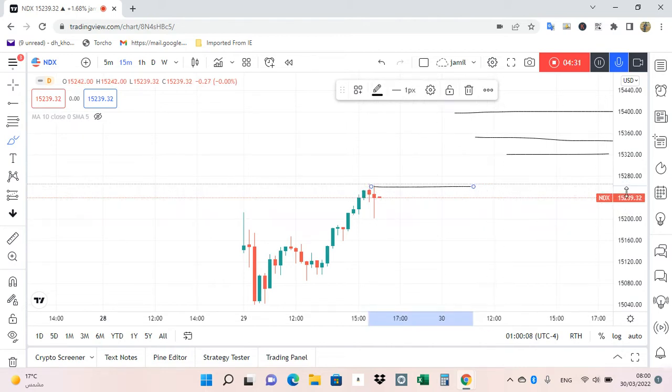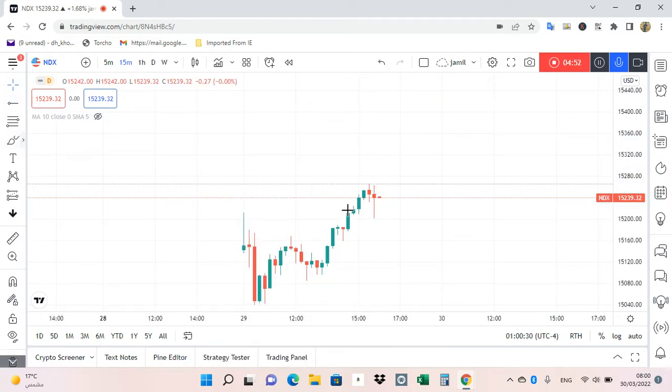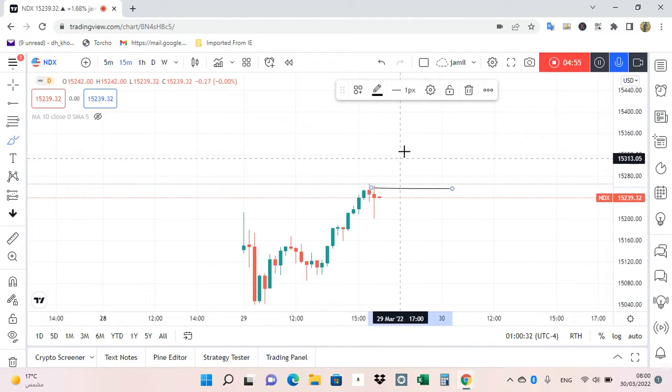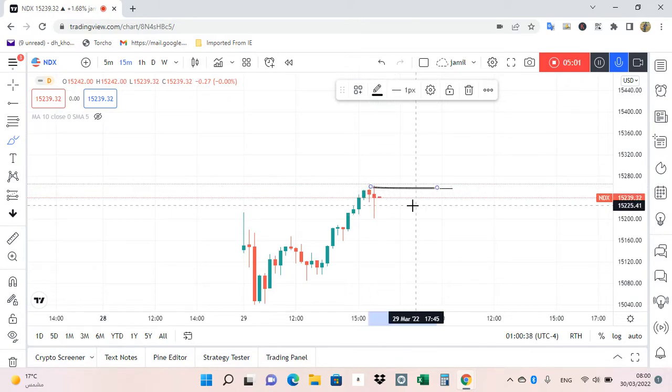Suppose the market opens flat above 15,240, or opens at 15,250 or 60, then it might take a new high again today. Today is 30 March. So this will be the range today if it opens with a slight gap up, not more than 100 or 150.